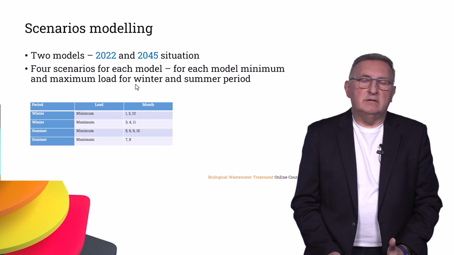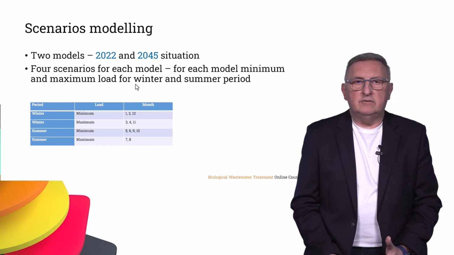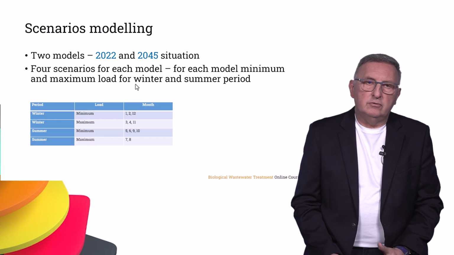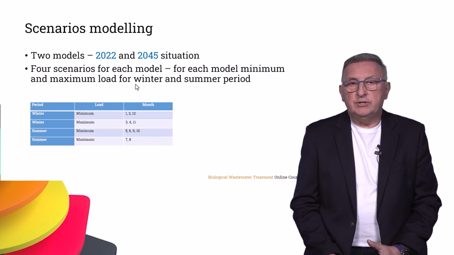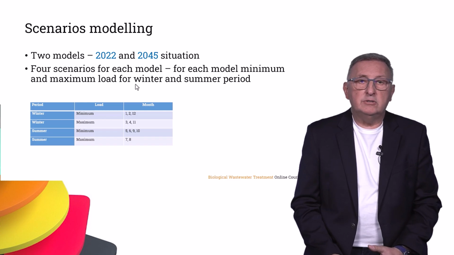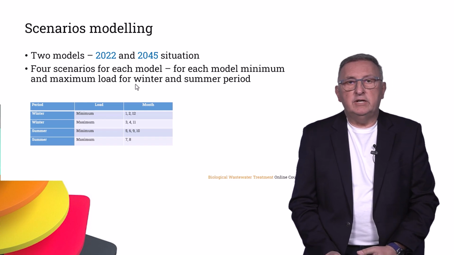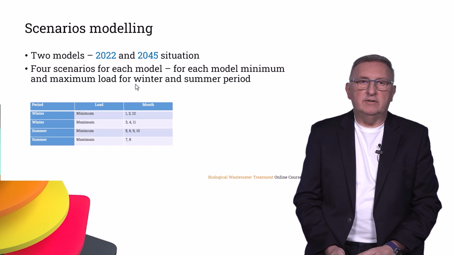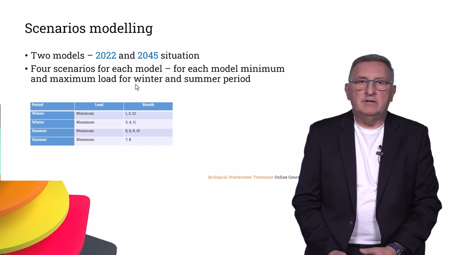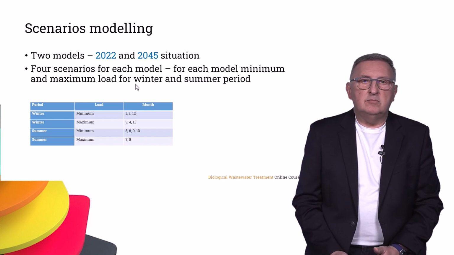We selected 2 different scenarios for modeling. There are two modeling approaches, one for the present situation, that was at that time 2022, and the future situation set up as a design horizon of 2045. For each model we developed 4 scenarios: minimum and maximum load for winter and summer periods, as I already mentioned.